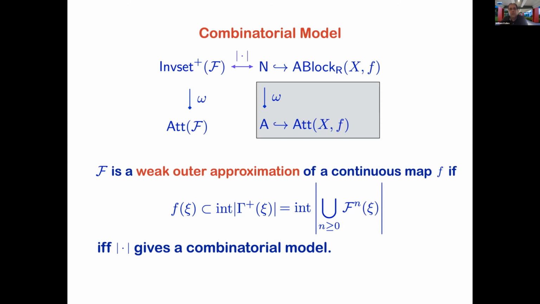And to get this combinatorial model, outer approximation is actually too strong. All you need is something we call a weak outer approximation. You just need to cover entire forward orbits instead of specifically first images.